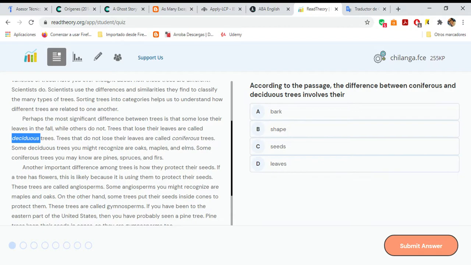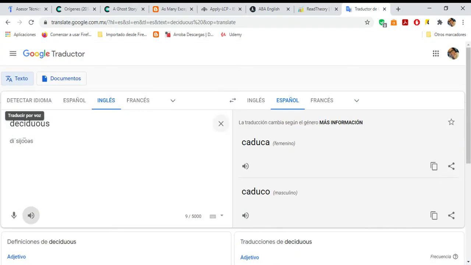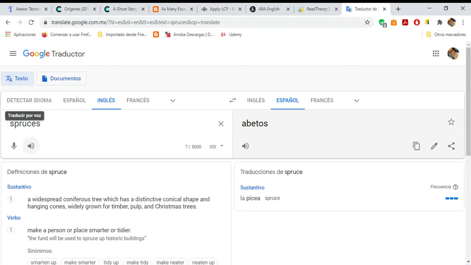Some deciduous trees you might recognize are oaks, maples, and elms. Some coniferous trees you may know are pines, spruces, and firs.